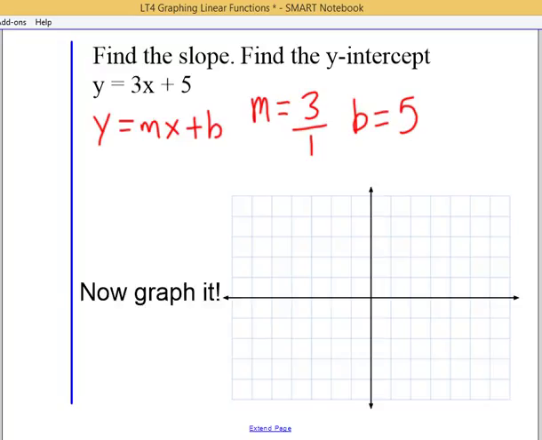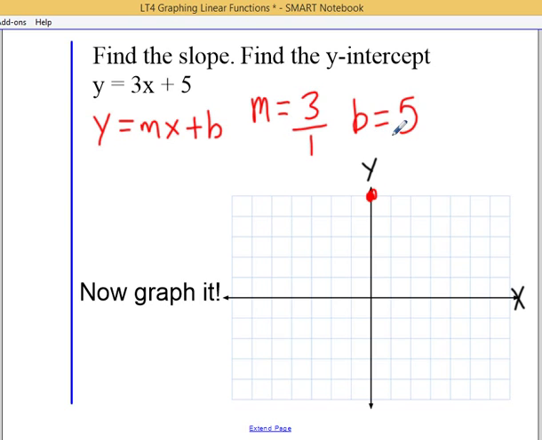Now let's go ahead and graph it. All you have to do is put a dot at positive 5 for our y-intercept. Remember, this is y-axis, this is x-axis. And now from here, I want to rise 3 and run 1. Oh, our graph wasn't made that big.